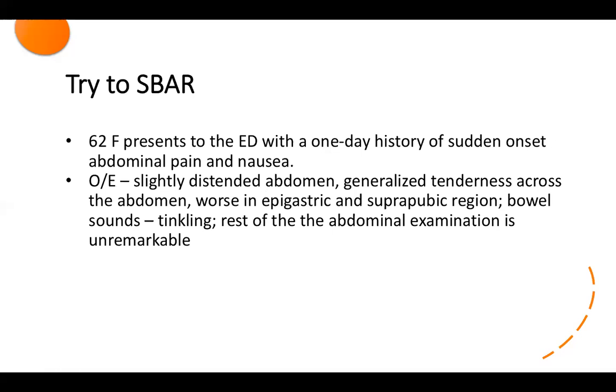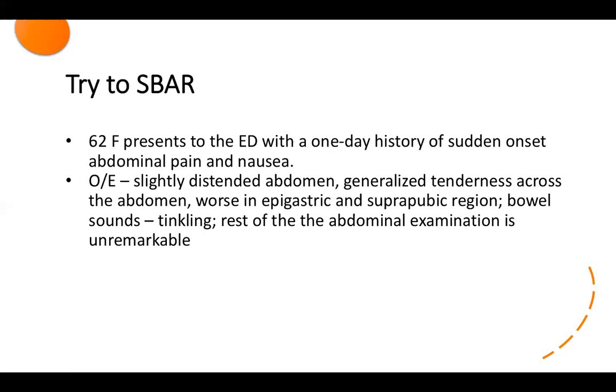She's got tenderness all across her abdomen, particularly worse in the epigastric and suprapubic regions. Her bowel sounds are tinkling, but the rest of the examination is unremarkable. Your recommendation is that this patient's quite unwell, so she requires further investigations and senior review. Depends on what stage you're at, depends on how detailed you can do your recommendation.